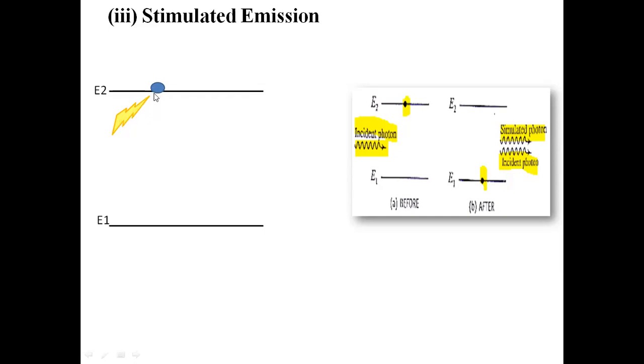You require an incident photon. If you incident this photon, then only this atom comes to the ground state. While coming to the ground state, it will emit not only one photon, but two photons. One is the incident photon itself, another one is the stimulated emitted photon. Therefore, I'm incidenting one photon and I'm getting two photons back. This is the meaning of amplification of radiation.